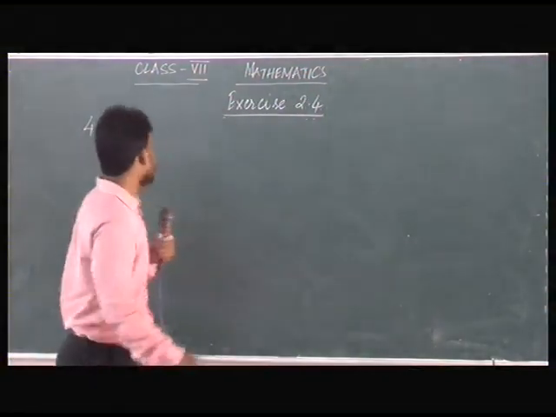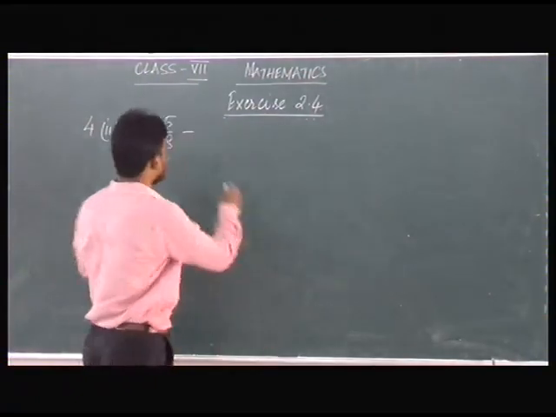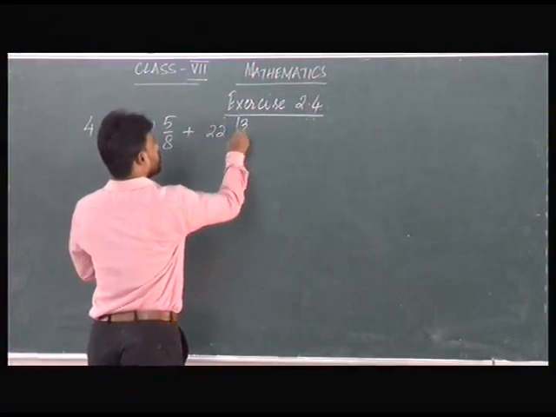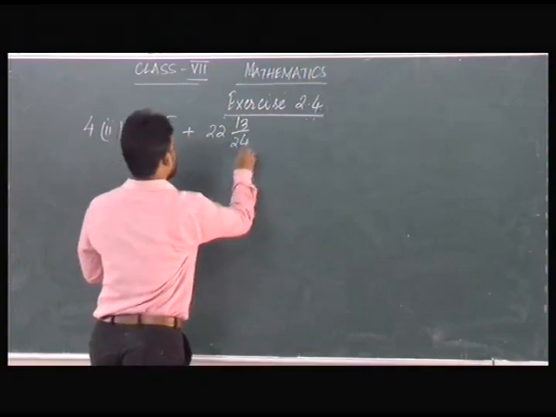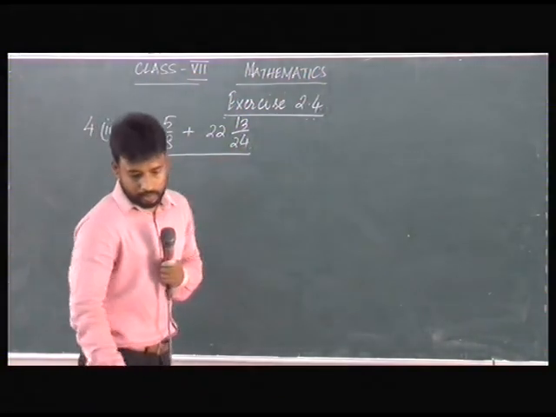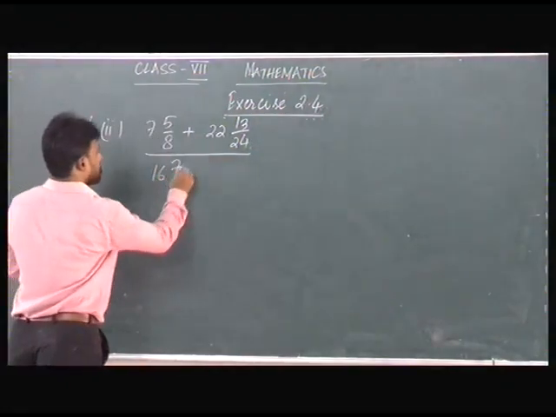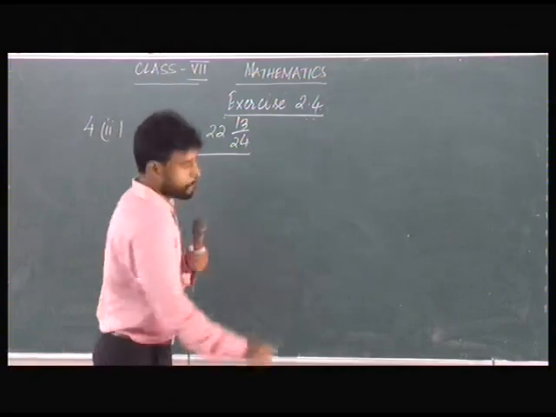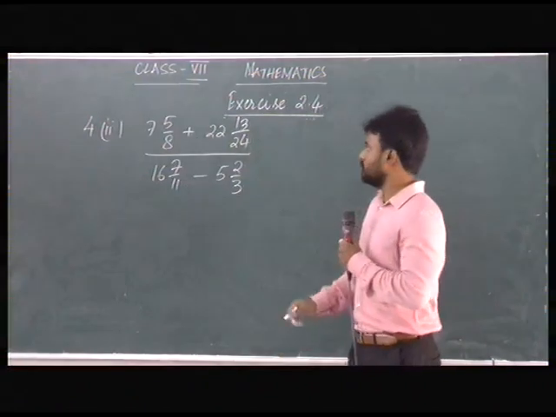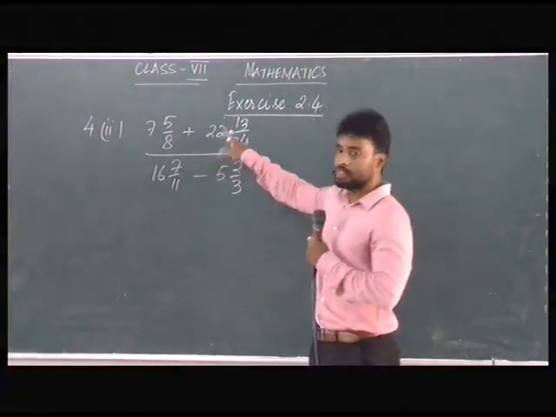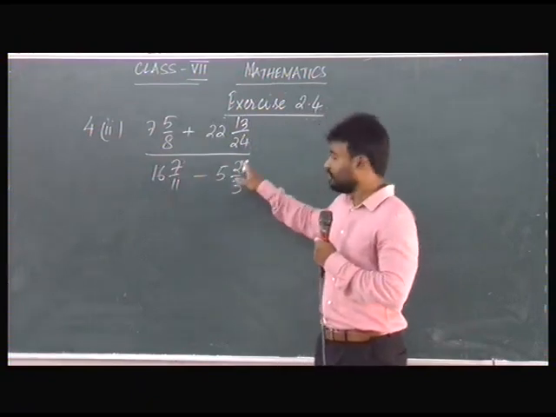We have 7 5 by 8 plus 22 13 by 24 divided by 16 7 by 11 minus 5 2 by 3.